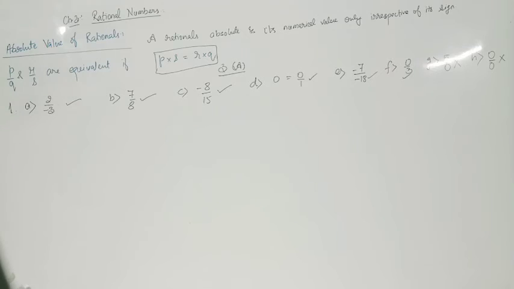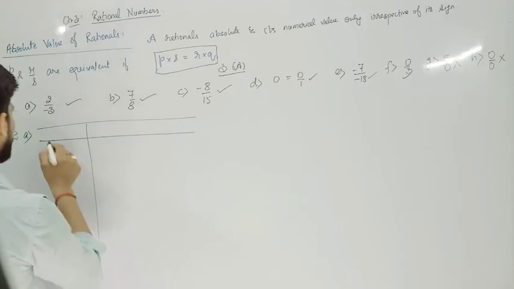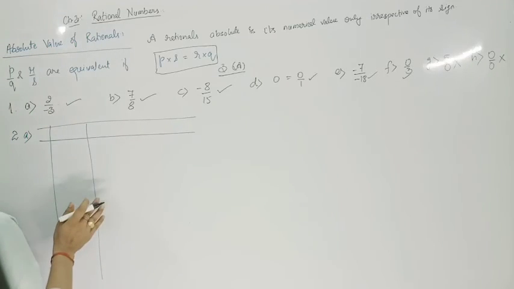Second question. Express the following in the form of P by Q. First, 4. 4 can be written as 4 by 1. Make a table like this. Only 5 questions are there.